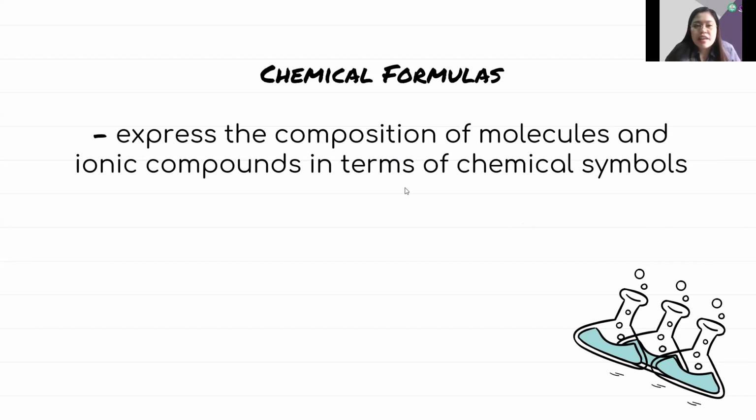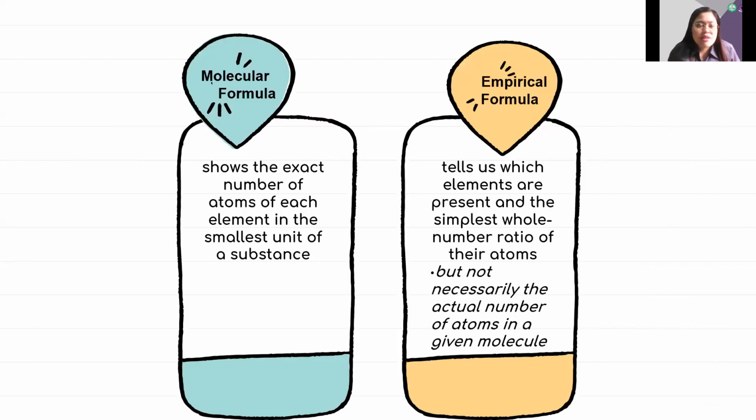So we are using here the symbols of the elements to make the chemical formulas. Now, meron tayong dalawang klase na chemical formula. Number one, we call it molecular formula, and then the second one is called empirical formula.